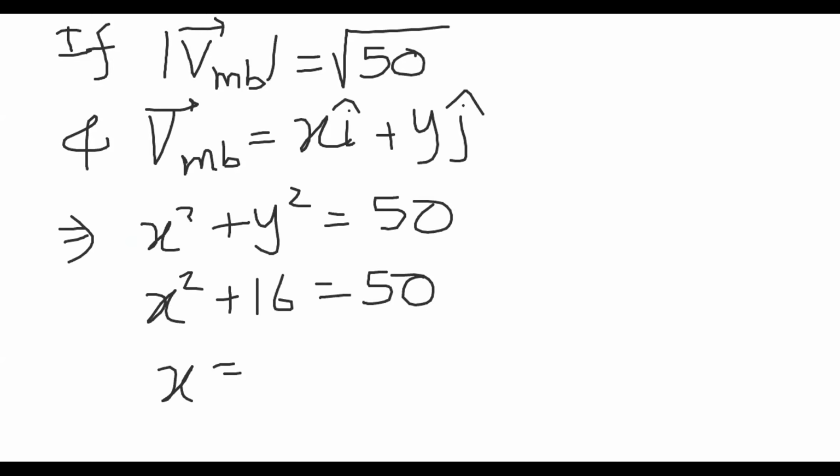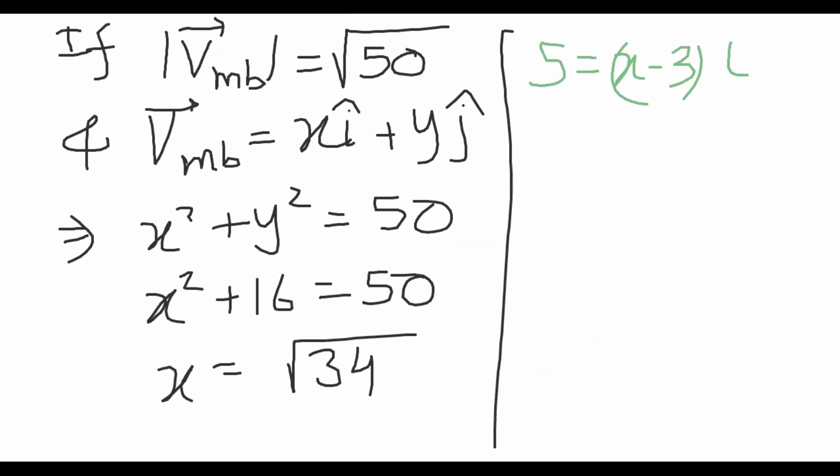Okay? And once this is done, the remaining thing must be very easy, because I can use this equation to write 5 is equal to x minus 3t. So t must be equal to 5 upon x minus 3.